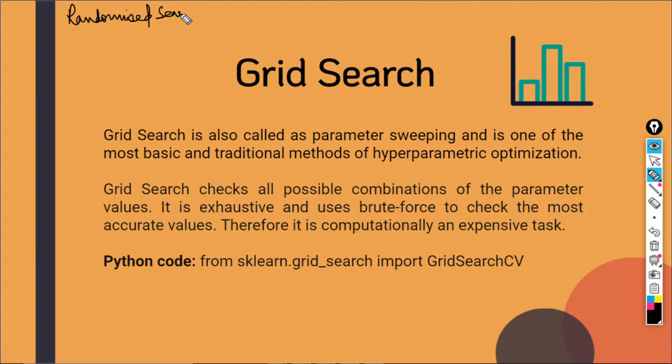Randomized search CV. Now this is a bit different, or not very different also. This is just a bit different as compared to grid search. Here we would be having a statistical distribution. That's it. I mean, the biggest difference.